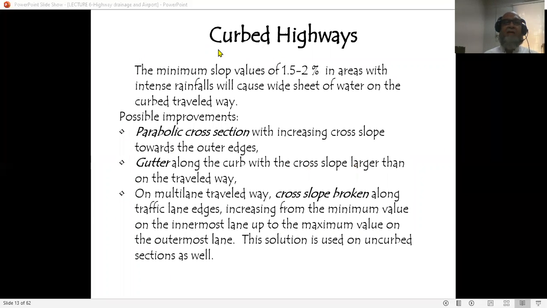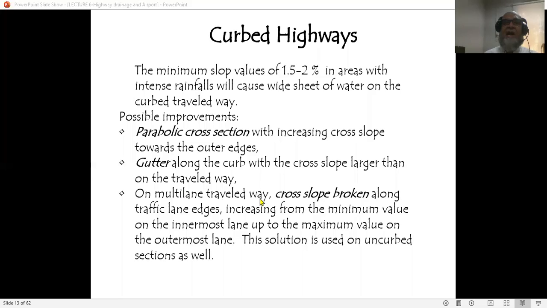Then there is a drainage channel known as curbed highways. So the minimum slope varies from 1.25%, with intense rainfall will cause wide sheet of water on the curbed travel way. Possible improvements may be parabolic cross sections with increasing cross slopes, or gutter along the curb with cross slopes larger than that of the traveled way.